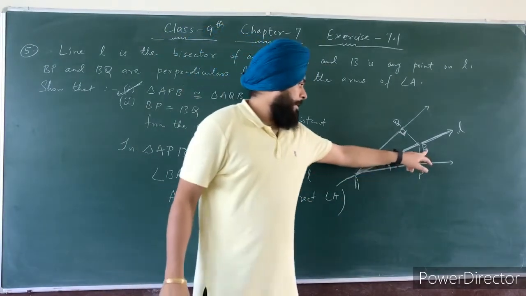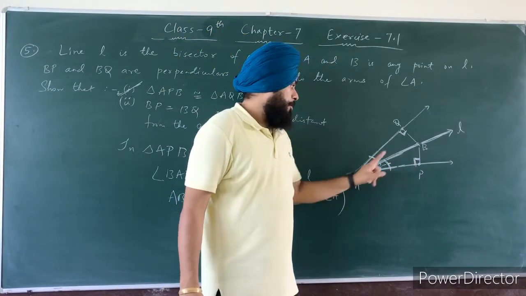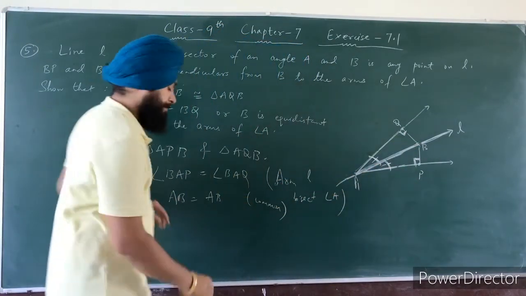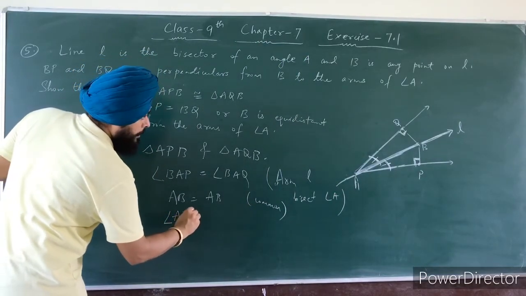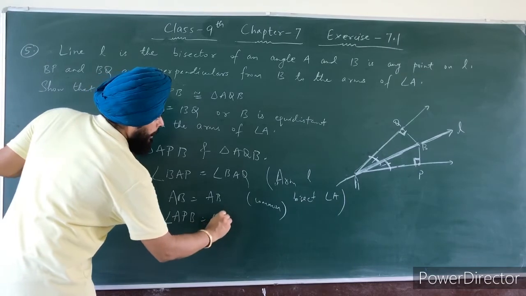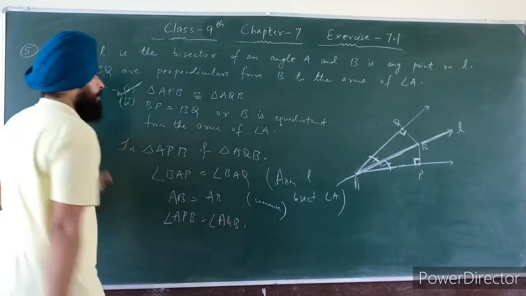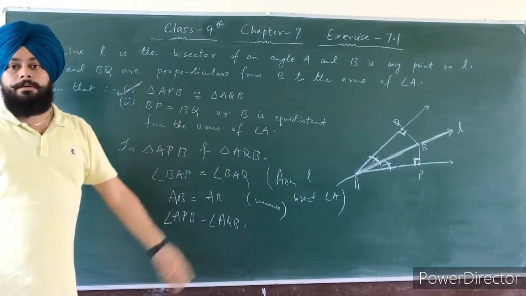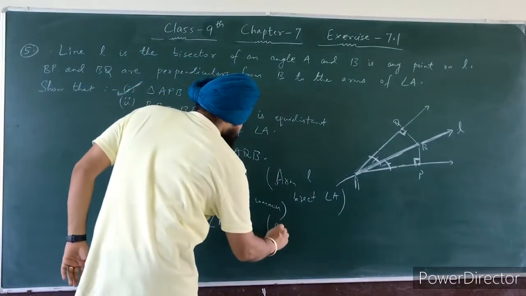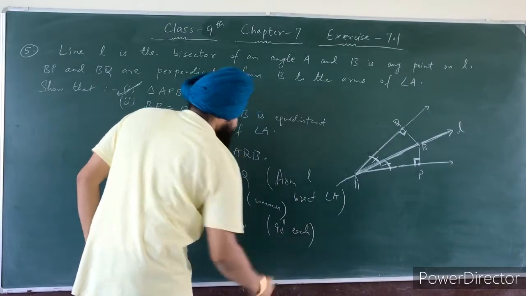You can write angle APB equals angle AQB. It is also given that BP and BQ are perpendiculars from B. Reason: 90 degrees each.